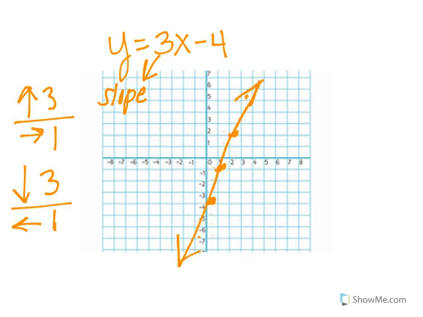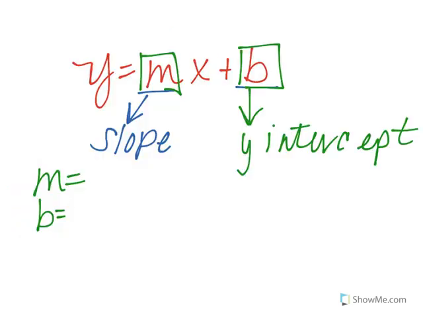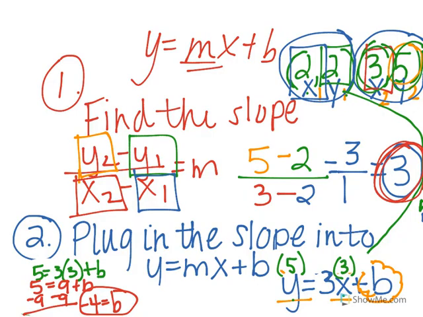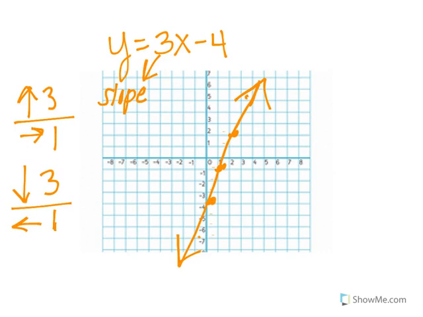I don't have a ruler, so hopefully my line looks good. And then I can check this given the information that I had before, like the 2 and 2, and the 3 and 5.